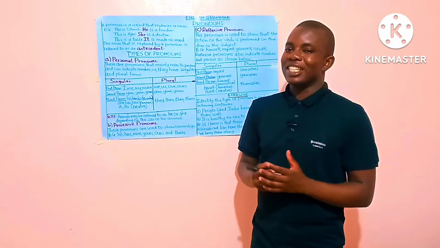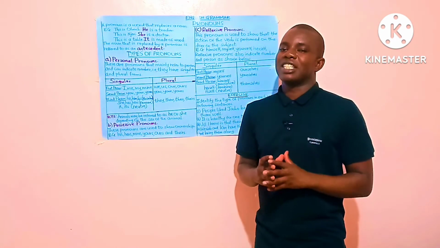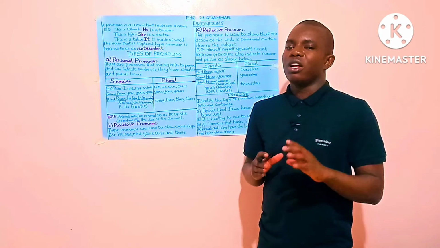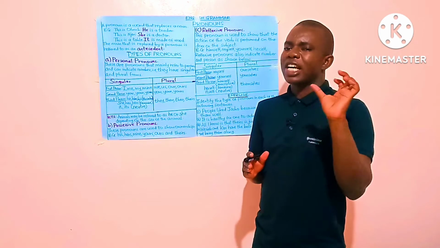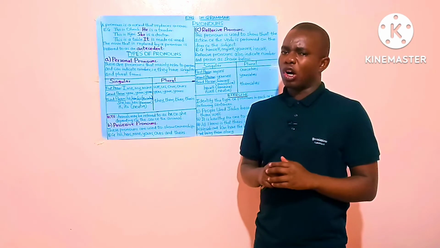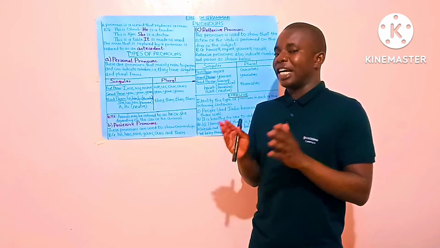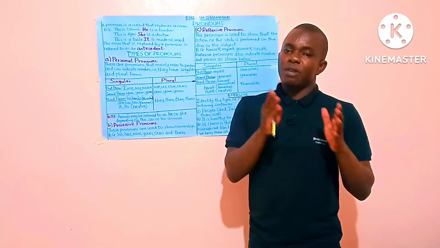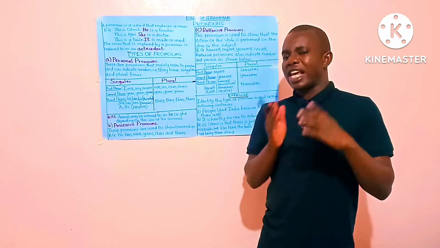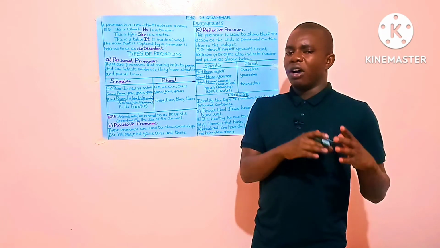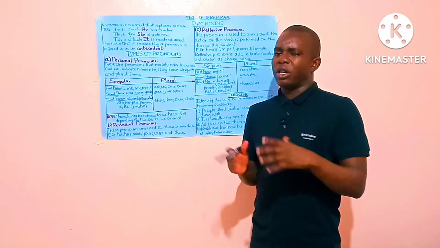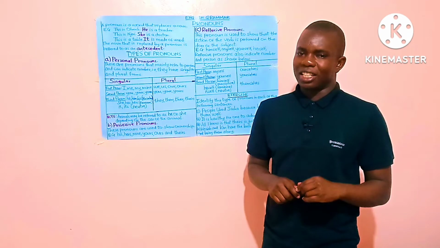A point to note is that animals can take the personal pronouns he or she depending on their sex or gender. If the animal is male, we can use the pronoun he for it, while when it is female, we can use she.